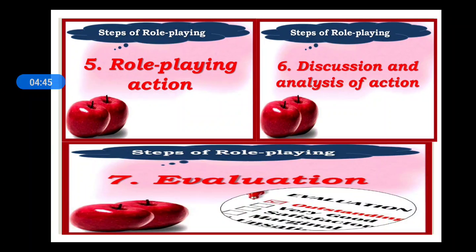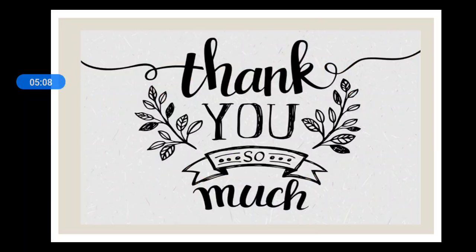Number 6 is discussion and analysis of action. In this step, the analysis portion covers what happened, why it happened that way, what the feelings and motives involved in the role playing were, what variations would have produced other results, and lastly the evaluation.